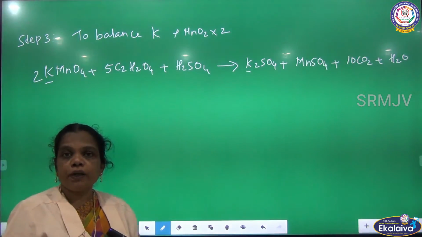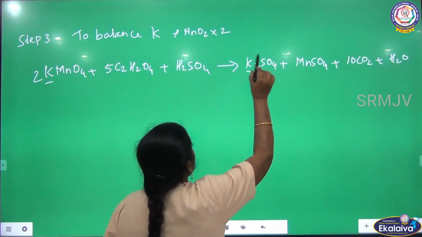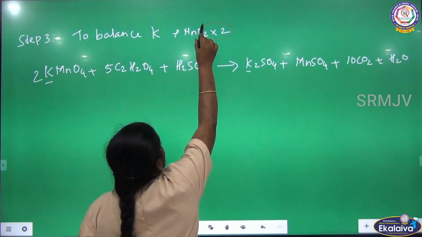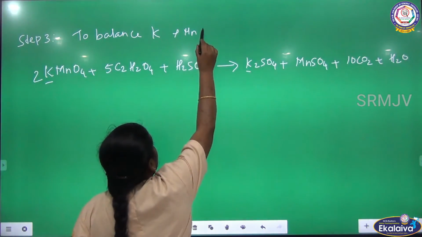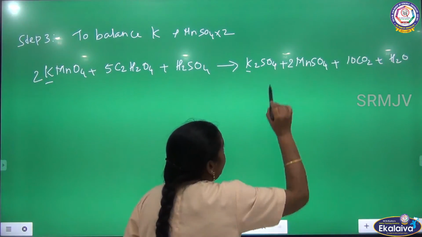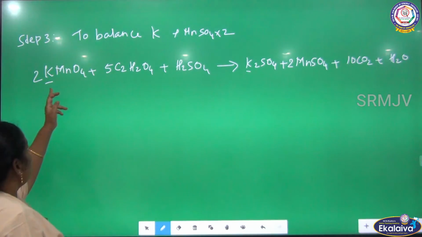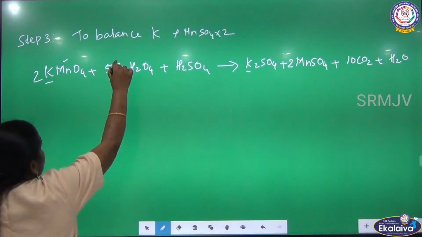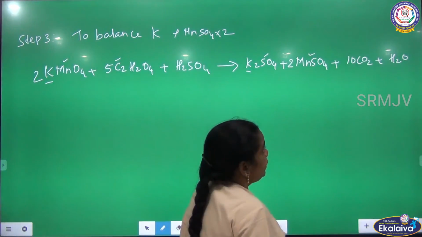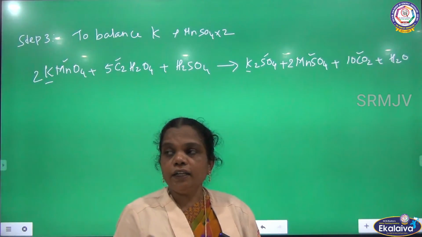So if you multiply potassium permanganate by 2, you want to balance manganese sulfate by 2. So this also is multiplied by 2. So now what is balanced? Potassium is balanced. This compound is balanced and this one is balanced. Now you want to balance hydrogen, oxygen and sulfur.